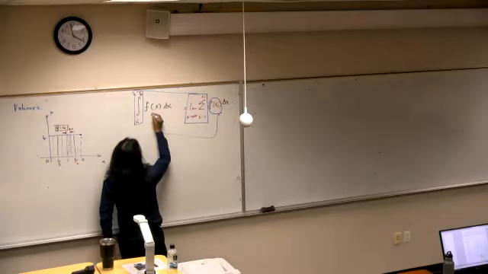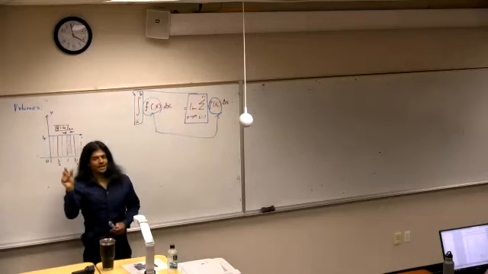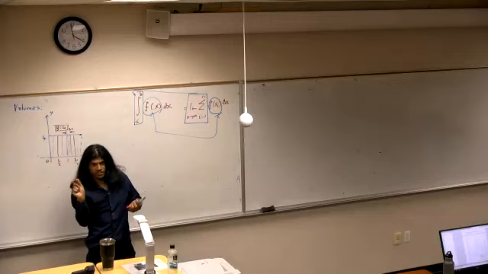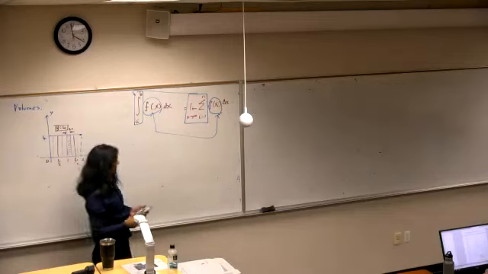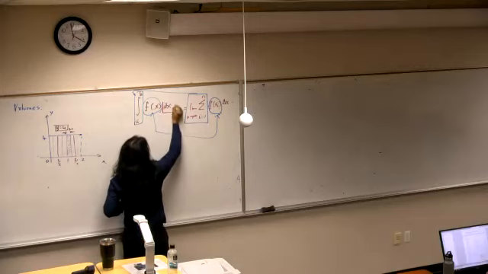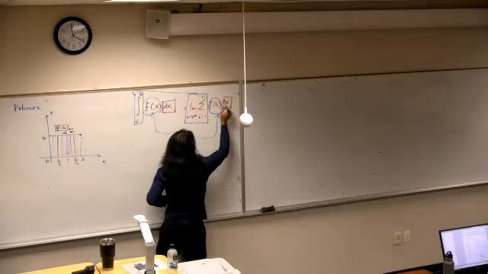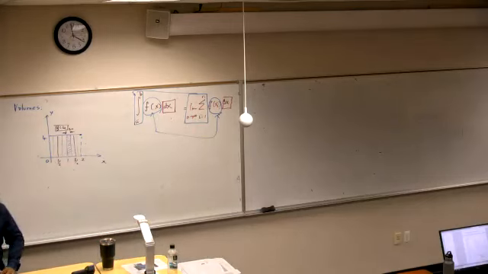That would become this. Infinitely small change, uppercase delta, becomes d. So, well, I'm running out of shapes. Delta x, when you apply the limit, becomes dx. That is the definition of an integral. Good. Do we follow? Okay.